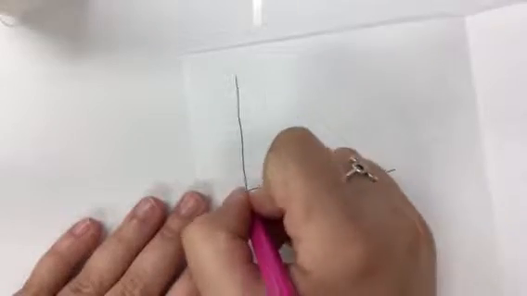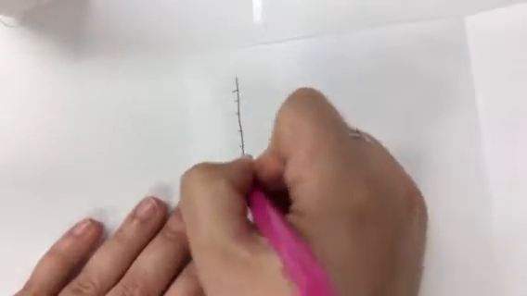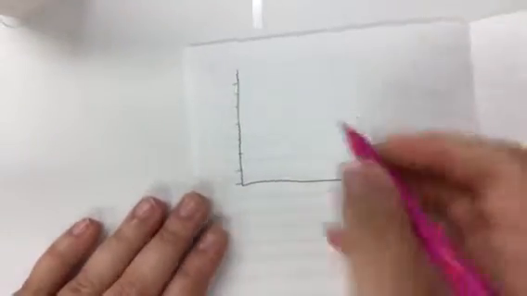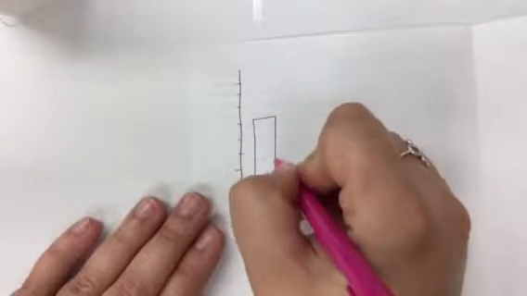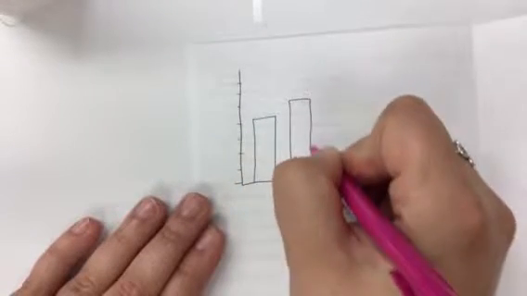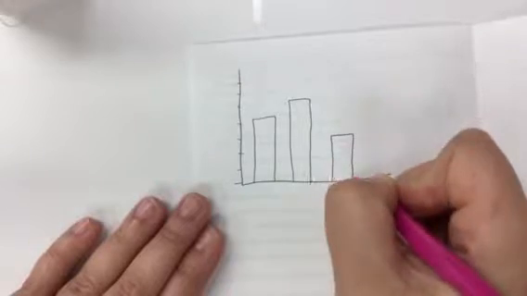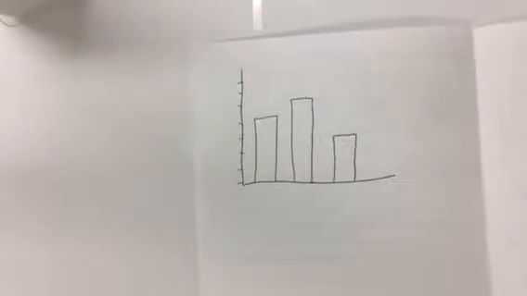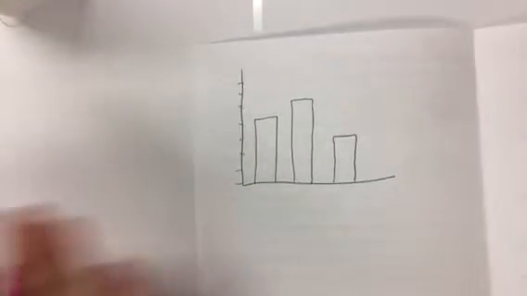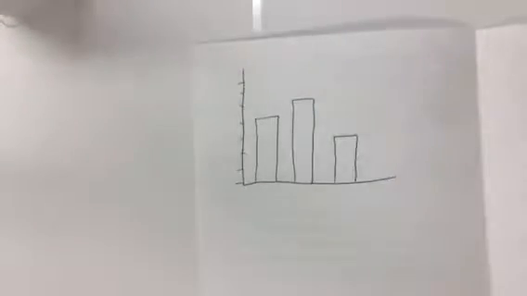You have your numbers along the side here, and then you usually have your categories down here, and then you shade the bar like this. Think about in your data notebooks, we have bar graphs where we're tracking where our sprints are and where we are tracking our test scores and our AR goals. Those are all bar graphs.